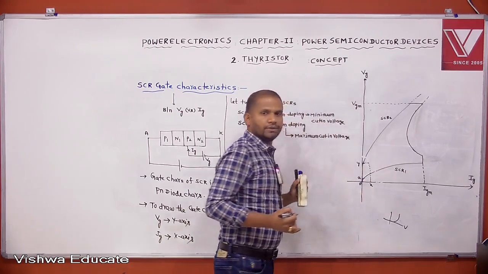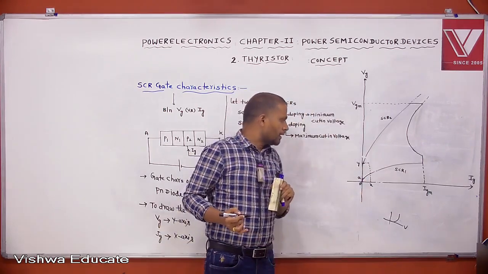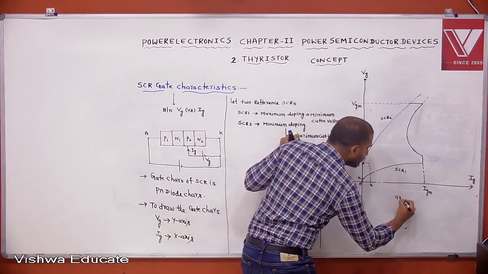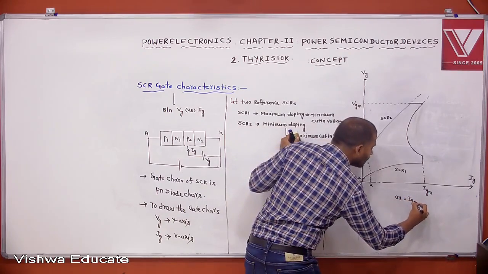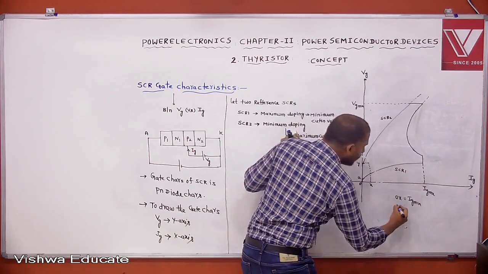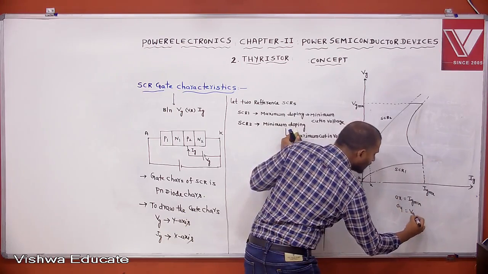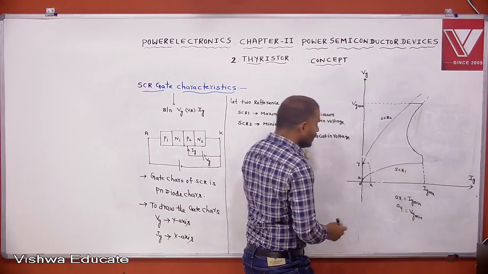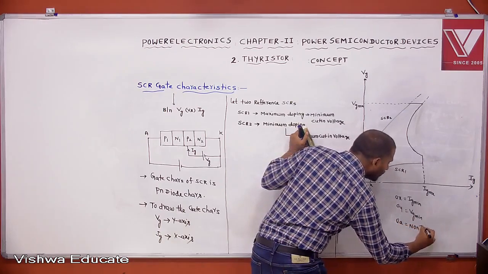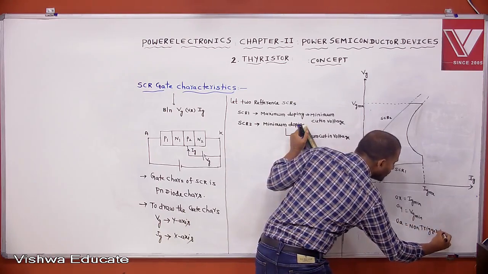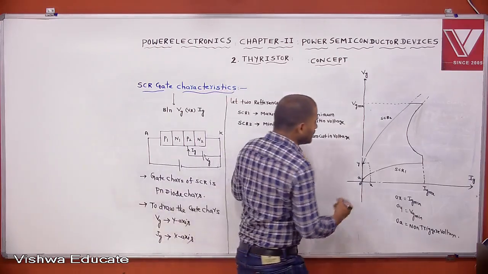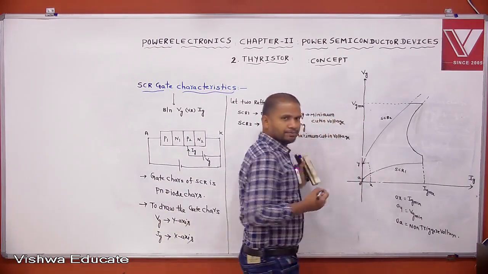Understood? Then OX equals the minimum gate current, IGMX, and OY equals the minimum gate voltage, VGMX. This OA is the non-trigger voltage. These you take as the reference.